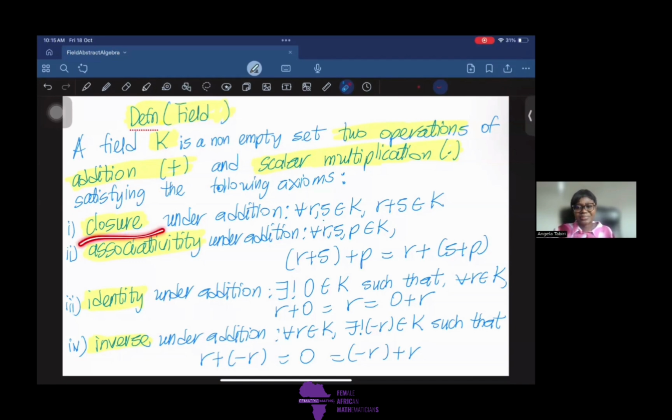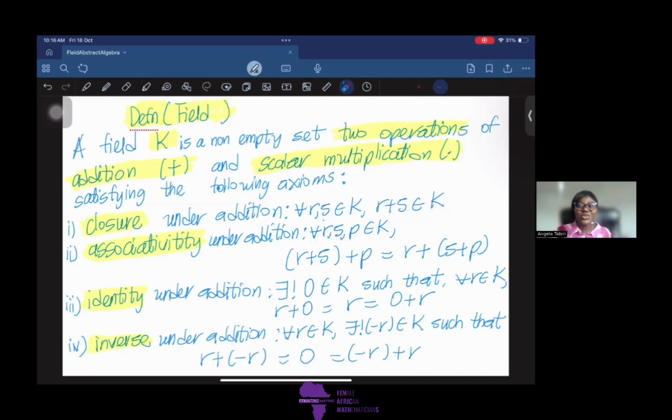We want closure in the sense that if you pick two scalars, R and S, in this set K, and you add them, you still get a scalar in this set K. This means that when we were adding fractions of arrows to one another, we get another fraction or number which is still in the set K. But it could happen that you have three or more scalars R, S, P that you want to add.